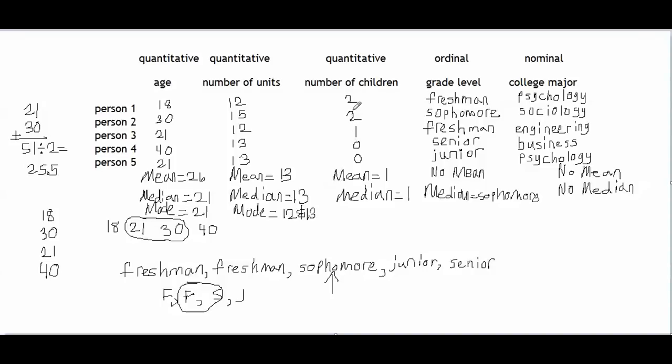In this column, the mode is 2. No, wait. 2 shows up 2 times, and 0 shows up 2 times. So we have 2 modes. The modes are 2 and 0.